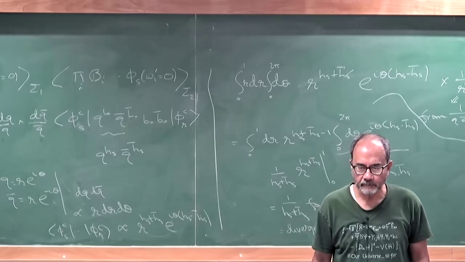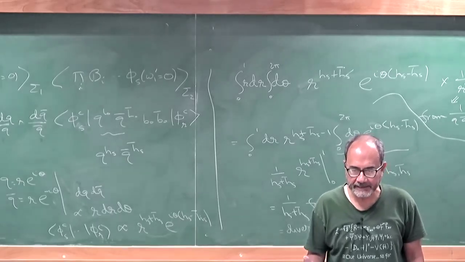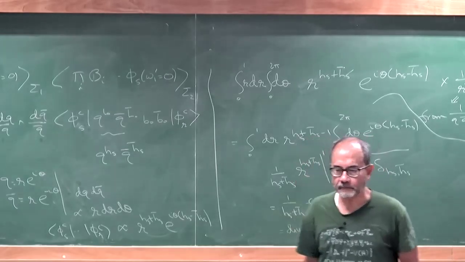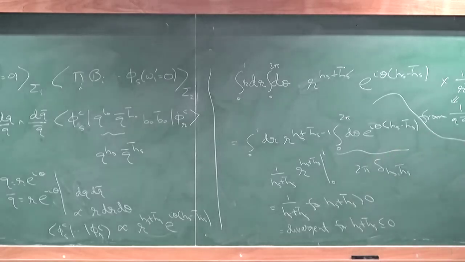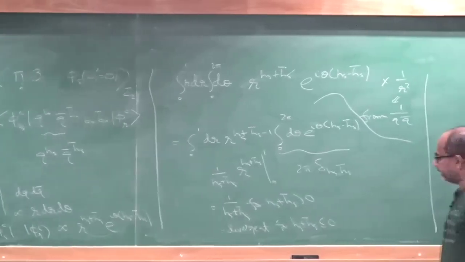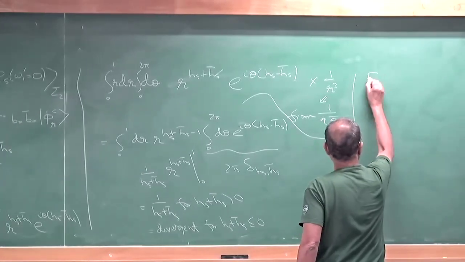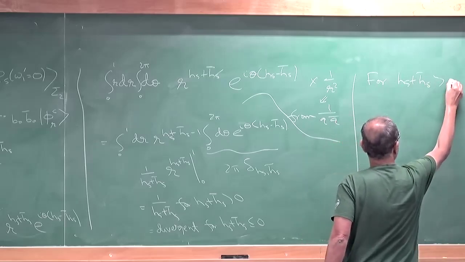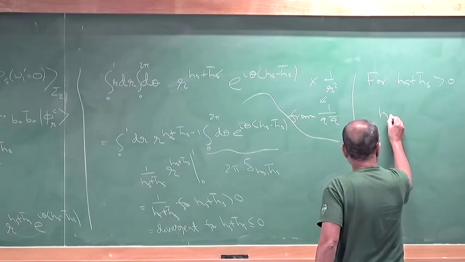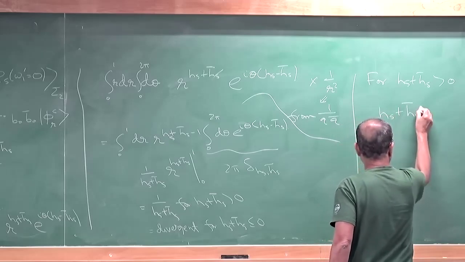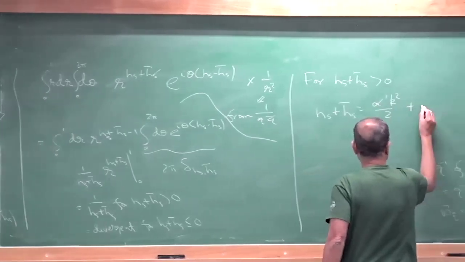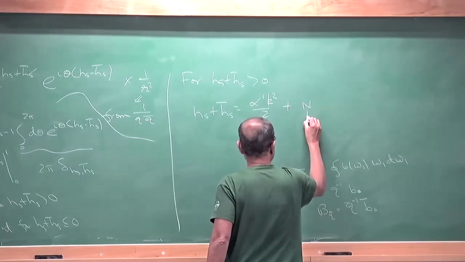That is not bounded, because e to the I k dot x is not bounded from below, right? Okay. For HS plus HS bar larger than 0, HS plus HS bar has the form of alpha prime k square by 2 plus something. This is the oscillator contribution.